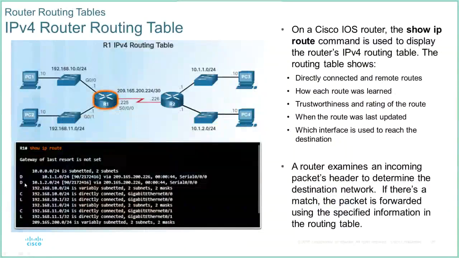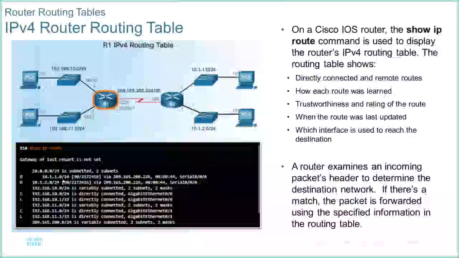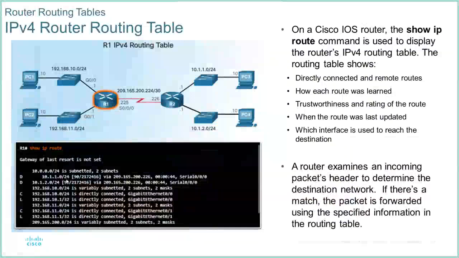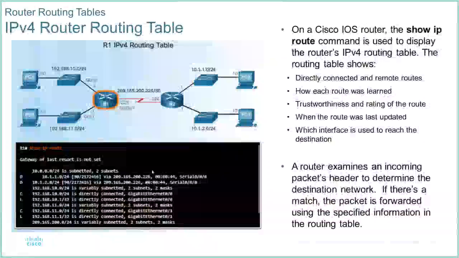The Ds are our remote networks learnt via another device. So if you look here, we have the 10.1.10/24 network, which is connected via this address, which is router 2's closest interface, and it tells it what interface it needs to send it out on to get there.